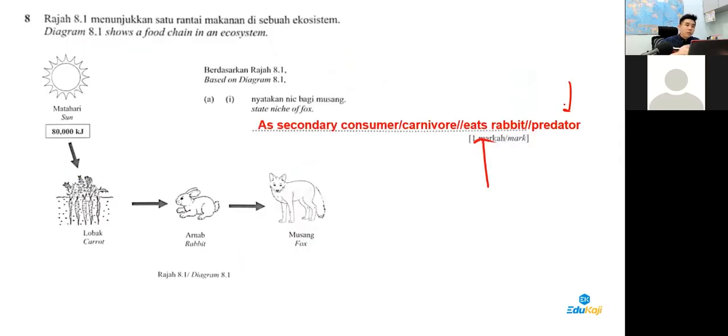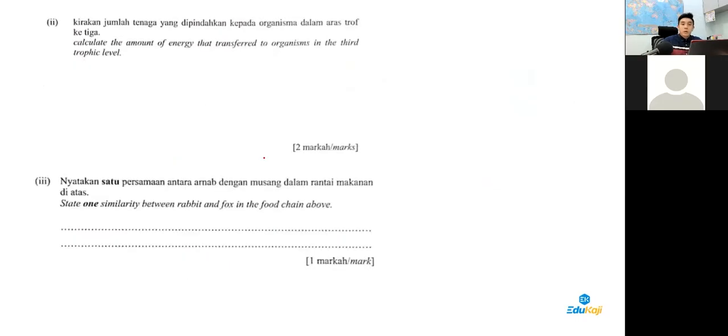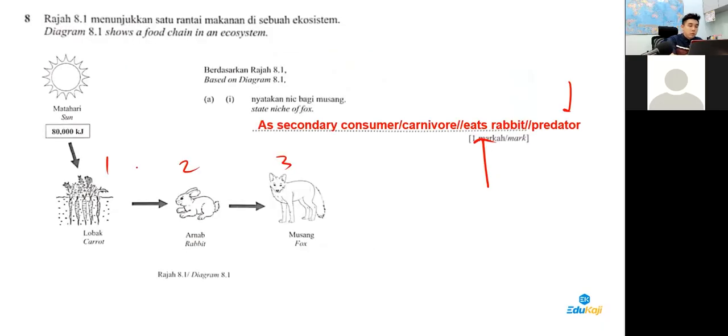80,000 kilojoule. First trophic level, second, third. So we need to times 3 times, kilojoule 8,000. Second, third trophic level. Once we reach here it is 8 to 3.